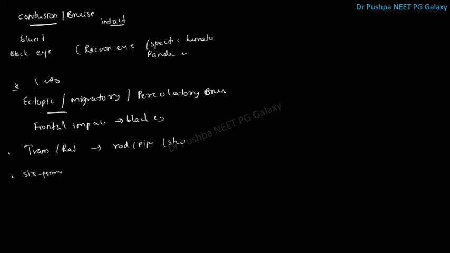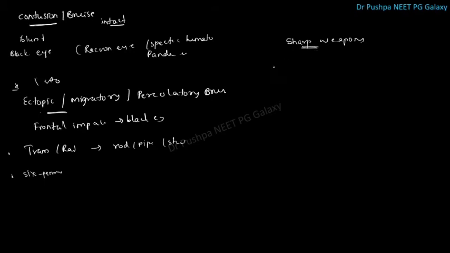So abrasion, contusion and laceration, these are the types of wound usually caused by blunt weapons. So what are the injuries caused by sharp weapons? Based on entry into cavity or other than cavity, there are three types of wounds.